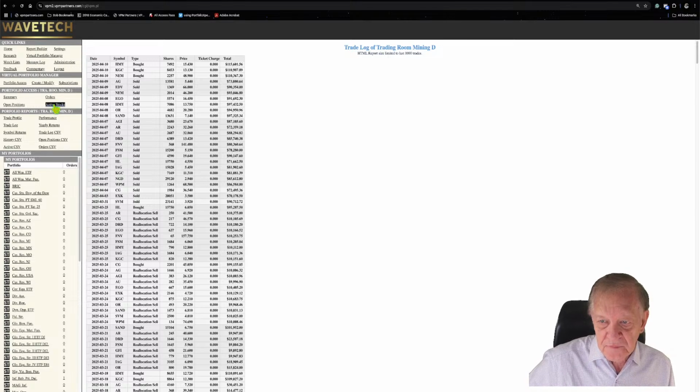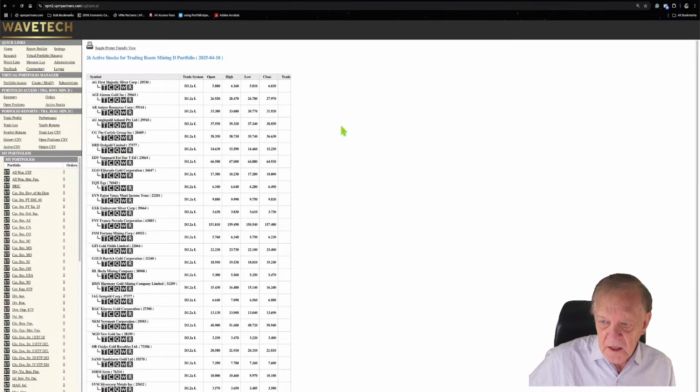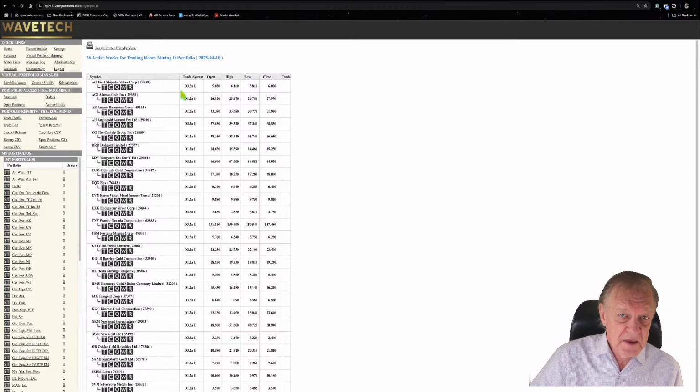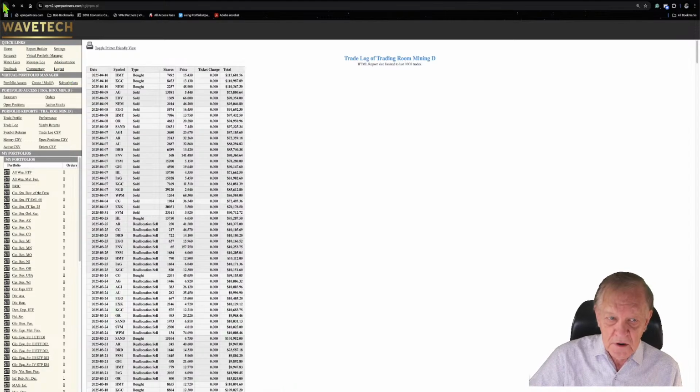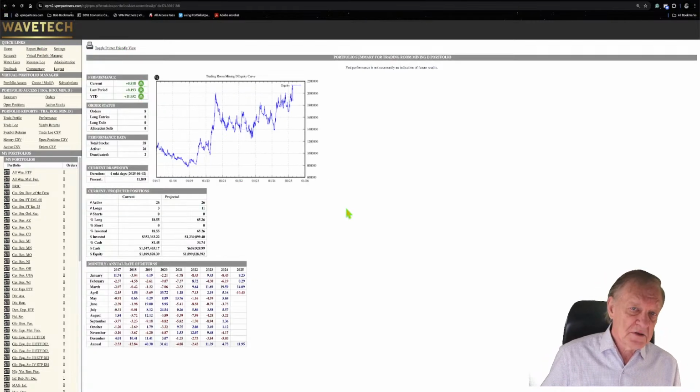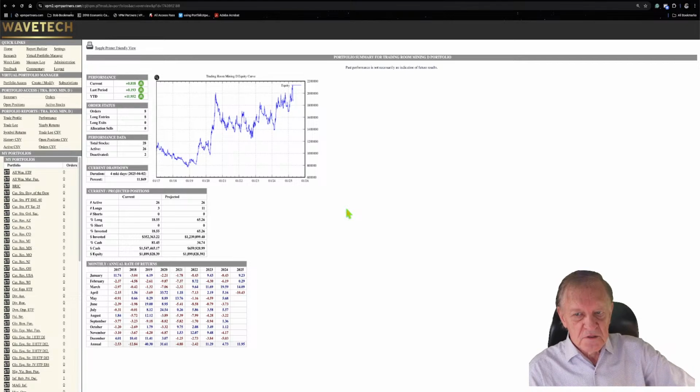Okay, let's take a look at this. These are all mining stocks. So the miners, it's interesting that they've kicked in, and they're pretty good from the standpoint of what's going on here. This is one of the things you can do with the product.